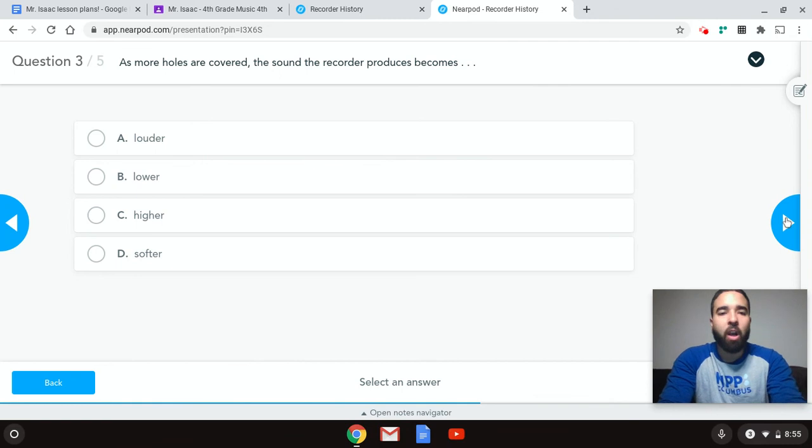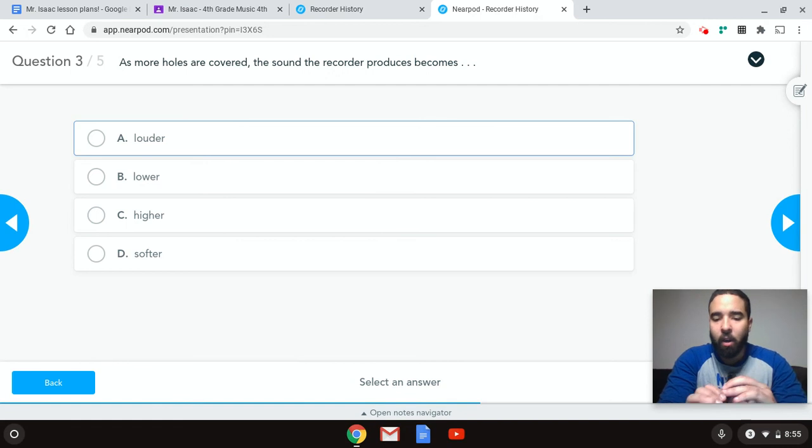As more holes are covered, the sound the recorder produces becomes. So we just did this in our guided question there. As more holes are covered, the sound of the recorder becomes louder. Let's try that.